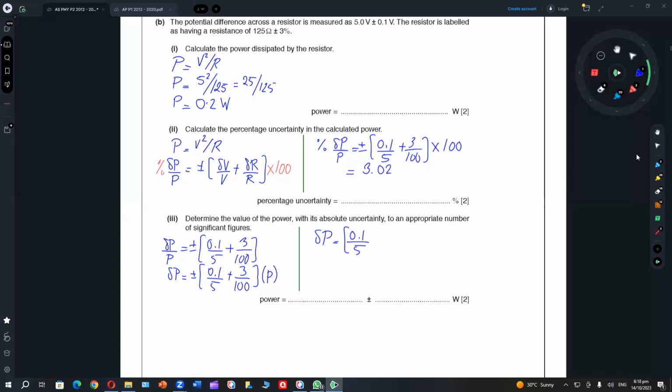The value of P was 0.2. In part number 2, we are not supposed to put the value of P, but in part number 3, we should put the value of P. So now solve this thing and let me know what answer is coming.